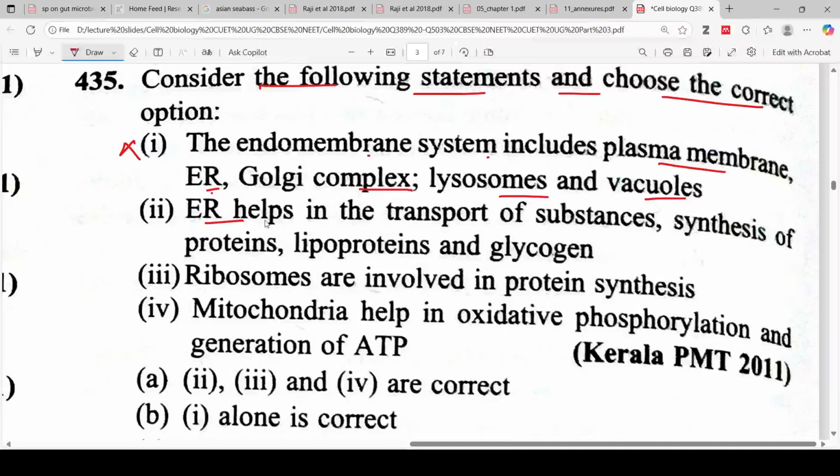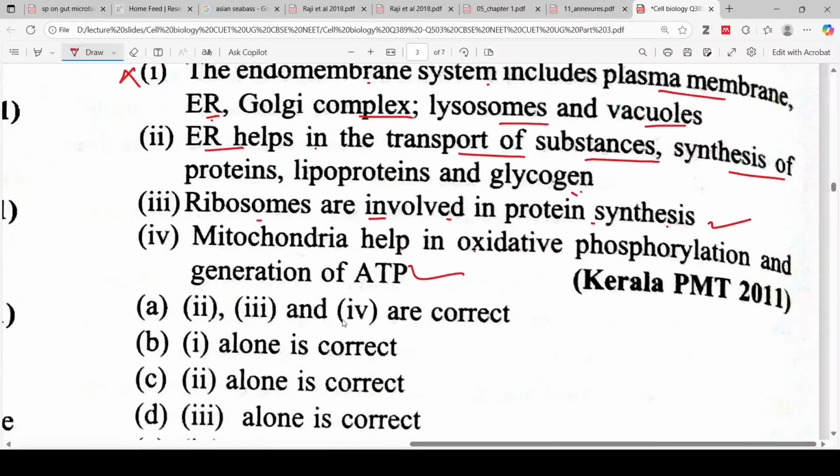Endoplasmic reticulum helps in transport of substance, synthesis of protein and lipoproteins and glycogens. So ribosomes are involved in protein synthesis. This is correct. Mitochondria help in oxidation, phosphorylation, and generation of ATP. This is also correct.